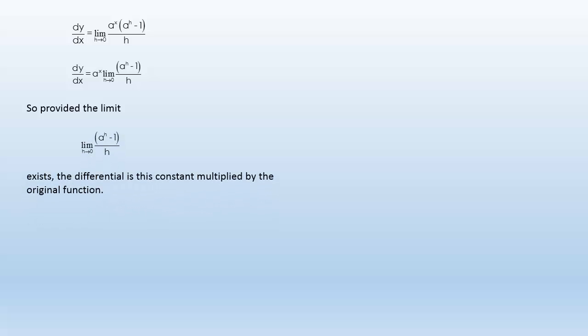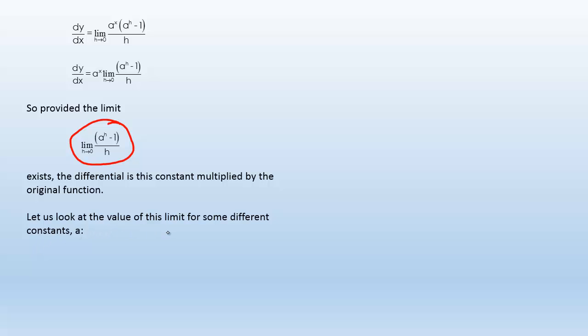So that's a to the x, limit as h tends to 0 of a to the h minus 1 over h. So provided this limit exists, in other words, we can actually get a value for it, the differential is this constant. So this will evaluate to a number multiplied by the original function.